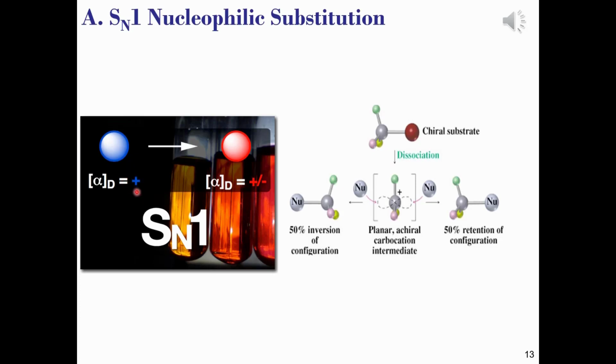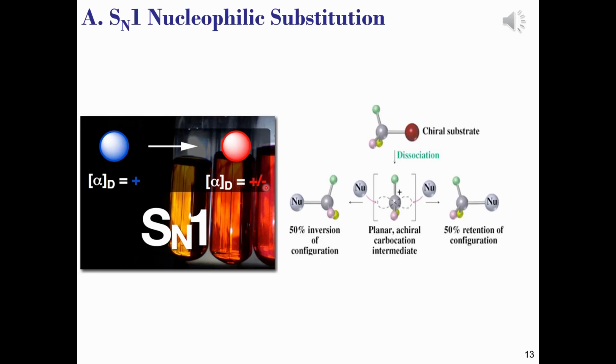Remember, this has nothing to do with R and S, but when we make the measurement after an SN1 reaction, because there was an equal probability of the chiral center having an inversion of configuration and 50% of it retained its configuration, then we now have an optical activity where 50% of the mixture will rotate plane polarized light to the right, and 50% will rotate plane polarized light to the left.